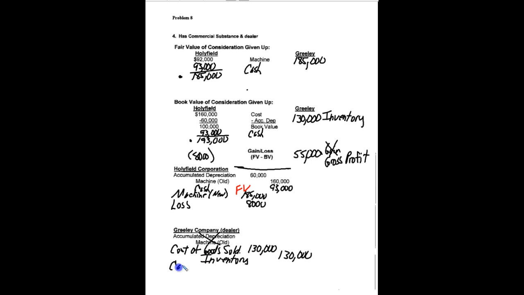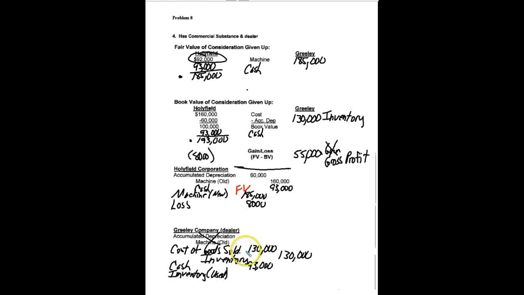Cash will come in. We're going to get $93,000. They're going to get, right from Holyfield, a piece of equipment. That'll go in their used equipment inventory. And again, that's really probably used equipment inventory instead of new.